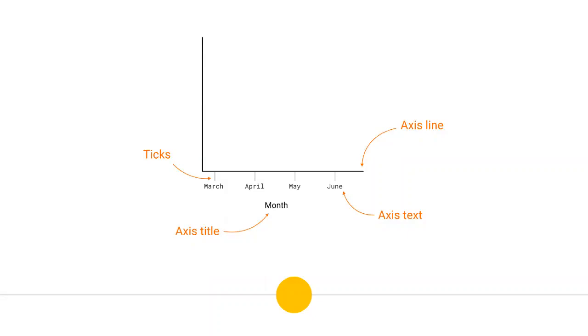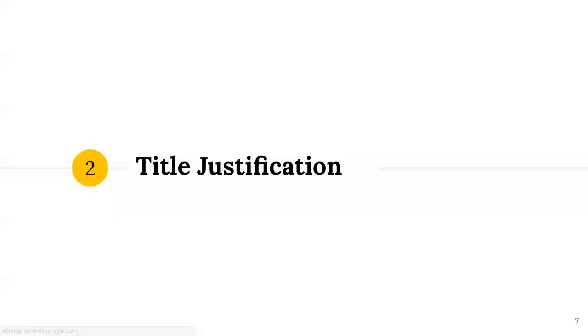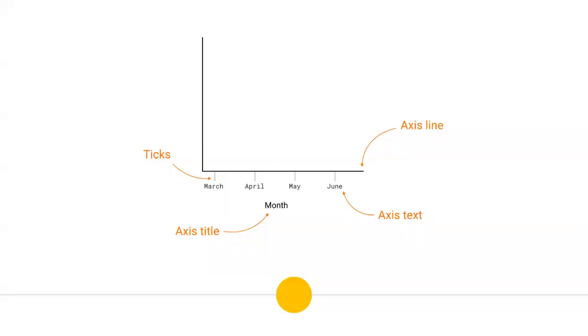And then axis text is just the things underneath the tick marks, which are indicated right here. And then the axis line: this is the x-axis line, that's the y-axis line. So those are the elements you can think of for your text, putting it together incrementally.